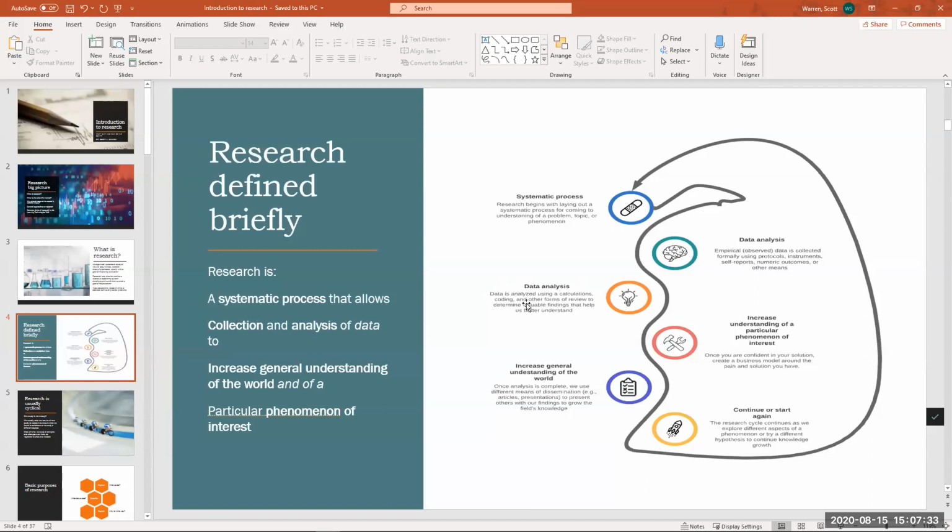Are we going to have a fixed set of coding, or an emic code set where we're exploring data and people's utterances for particular things that they're talking about to us so that we can understand and look for patterns in it so that we can grow knowledge, develop theory, determine if something worked. So there's a lot of different ways that we can analyze data, but they have to be aligned to what we are trying to understand. And then we have to increase our understanding of that particular phenomenon.